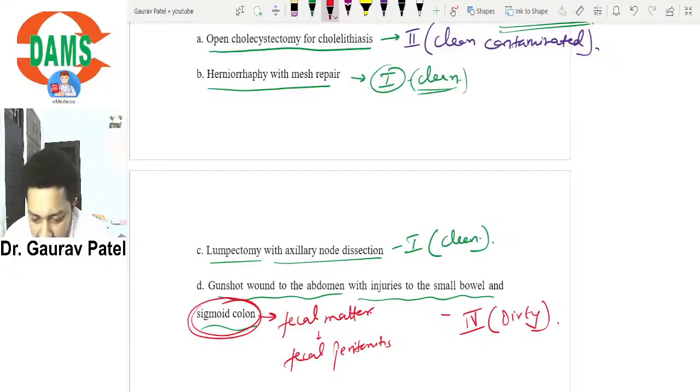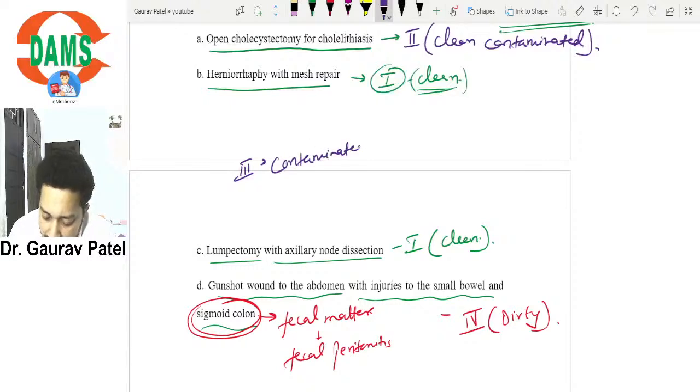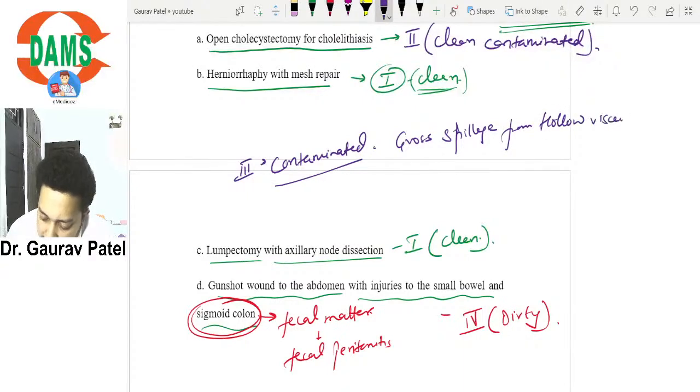Okay, contaminated. Many of you are calling it what comes in 3? Contaminated is when there is gross spillage from hollow viscera. Major breach in the sterility, like open cardiac massage.